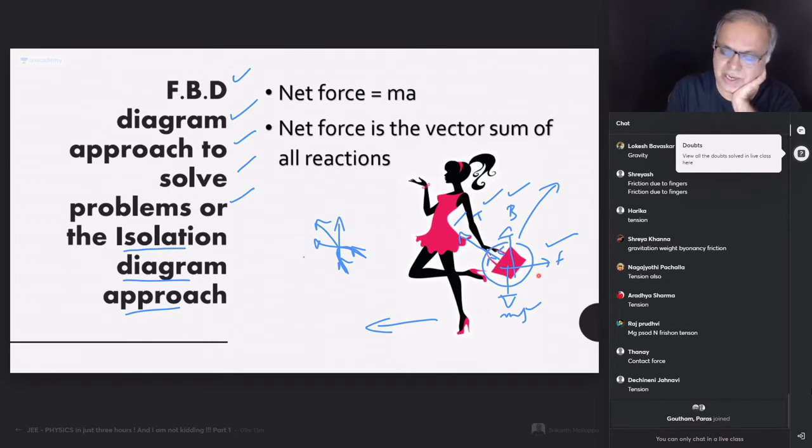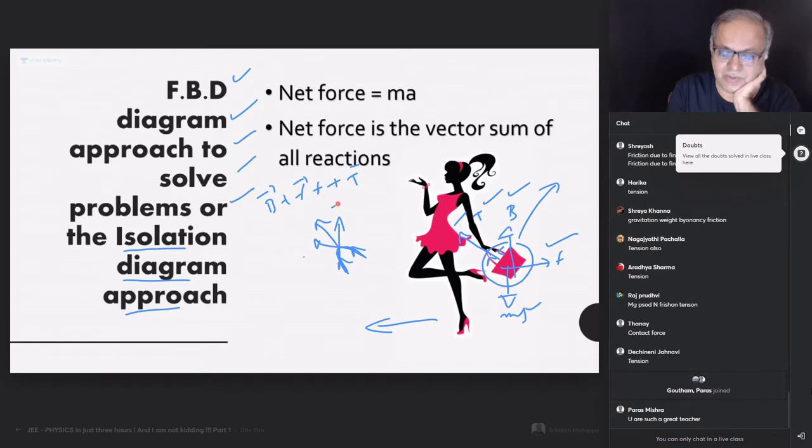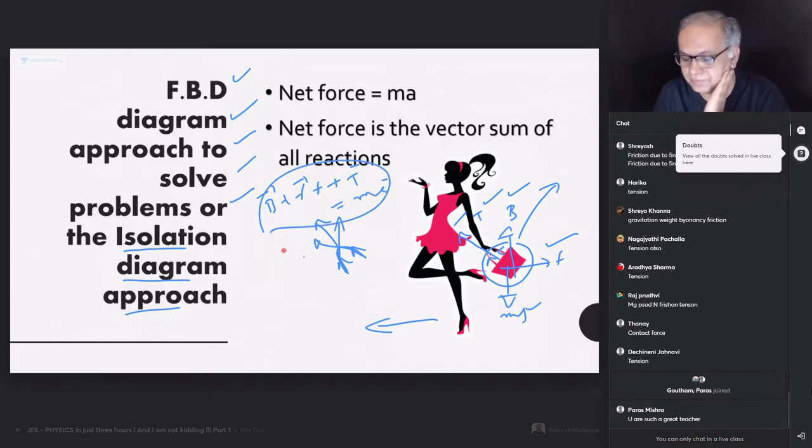These are the forces, and we should do the vector sum of the net force, because they're all vectors. So we should write B bar plus F bar plus T bar plus air friction, all this is equal to ma. That's what Newton's second law is about. Of course, techniques will be developed to tell how to find the net force.